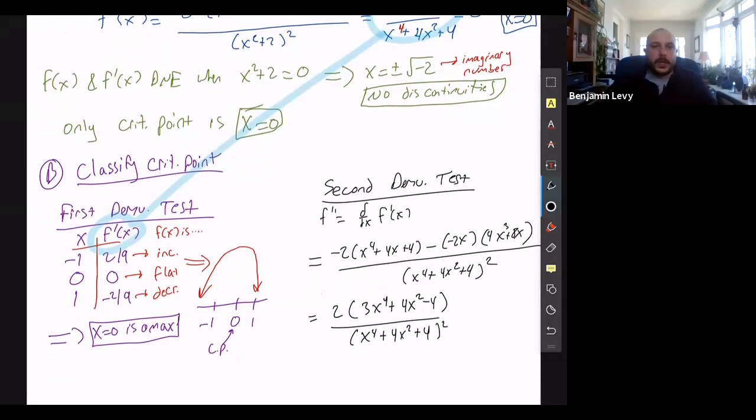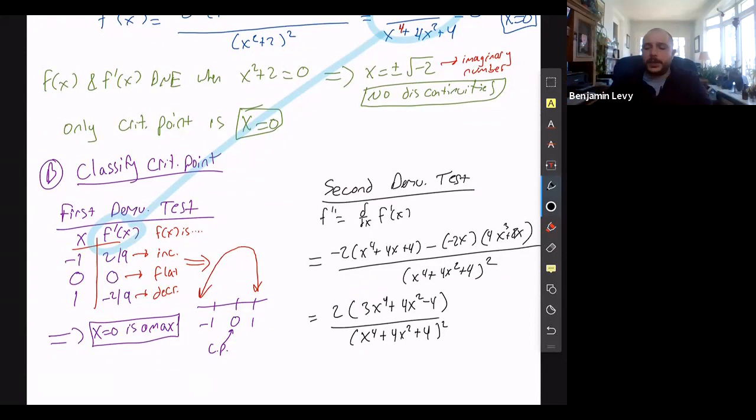And notice how thinking through the denominator rationally is helpful. The denominator has nothing to do with whether or not this is ever going to be positive or negative. The denominator is being squared, so no matter what you plug into it, it's going to be a positive number. When you're plugging things in to figure out positive or negative, it really just depends on the numerator. Just helping you think through how that works a little bit.